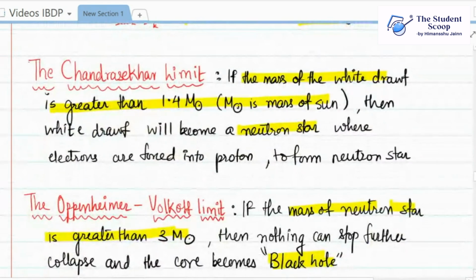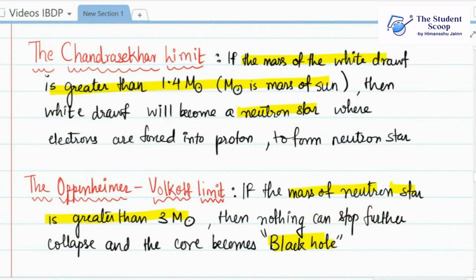Okay. Now, Chandrasekhar and Oppenheimer-Volkoff limits tell us how massive a white dwarf can be. A white dwarf has a limit of 1.4 times the mass of our sun. If the white dwarf has a higher mass than 1.4 times the mass of our sun, it will turn into a neutron star, by fusing the electrons into protons to form neutrons. Now, even the neutron star has a limit.